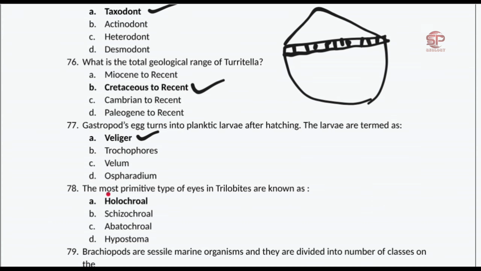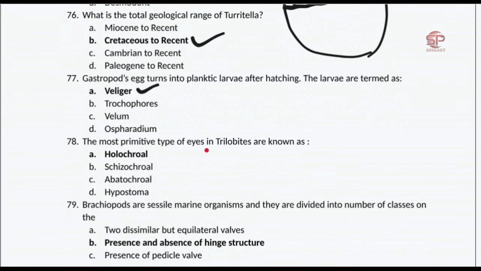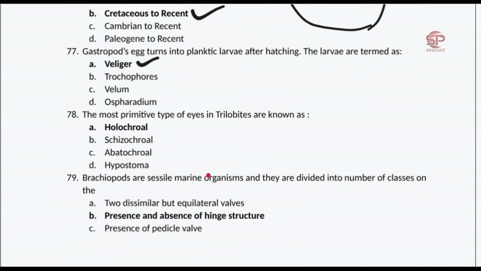It is the planktonic larva of gastropods. The most primitive type of eye is in trilobita. In trilobita, the holochroal eye is the most primitive. Then, during evolution, schizochroal or abathochroal eyes developed.